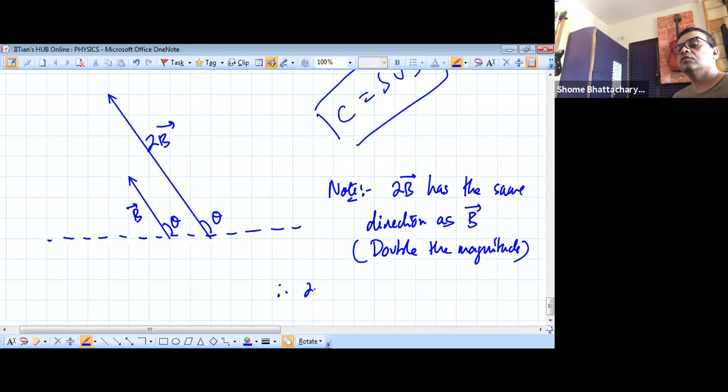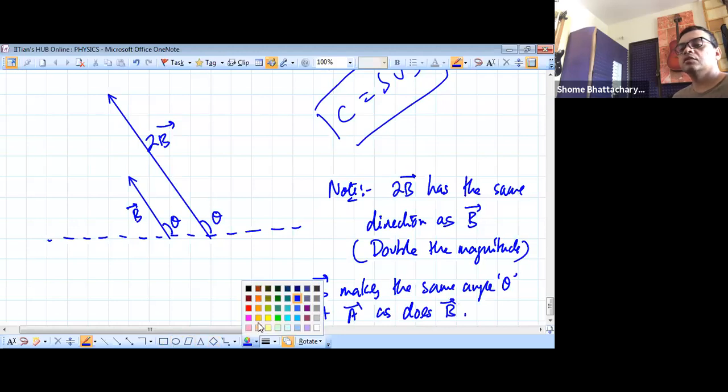Therefore, 2B makes the same angle theta with respect to the vector E as vector B. Okay. So if E was a vector, that was another important thing to catch in the question.